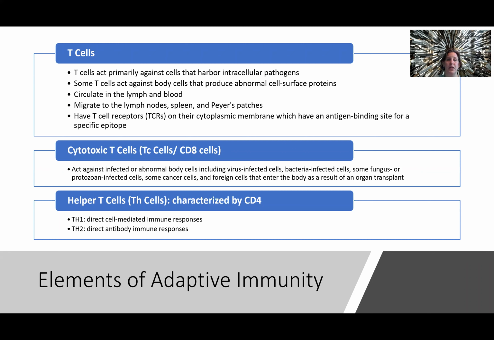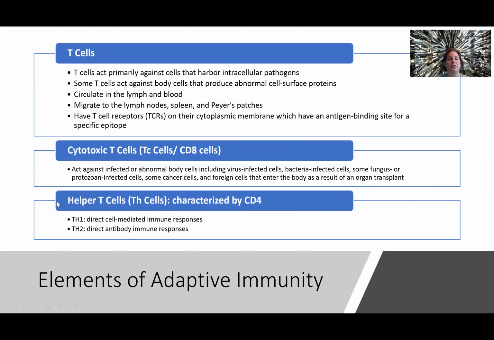T cells are split into two different groups. We have cytotoxic T cells, which you'll see the book refer to both ways. Sometimes they'll call them TC cells. Other times they'll call them CD8 cells. I'm going to call them cytotoxic T cells, but just know that these are the same thing. They can act against infected or abnormal body cells, which might include virus-infected cells, bacteria-infected cells, and some cancer cells.